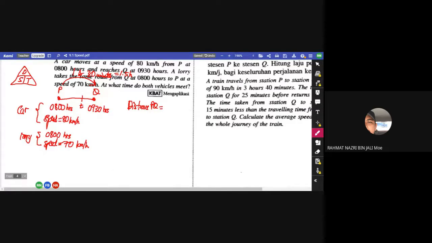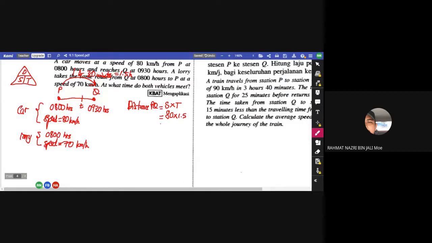The question asks for the distance, so we close D, so we get S and T: S, the speed, multiplied with T. The speed we refer to is the car speed, which is 80, multiplied with the time the car travels, in hour, 1.5.